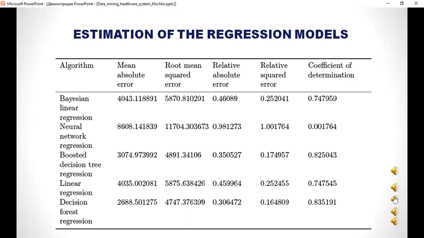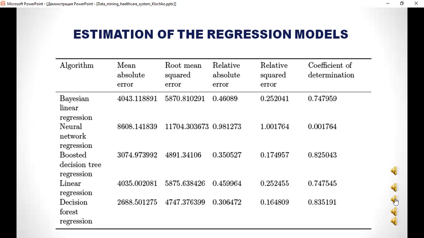As previously estimated, the values of linear regression, 5875.64, and Bayesian linear regression, 5870.81, are higher than the experimental RMSE values of the decision forest regression and boosted decision tree regression algorithms, and are approximately at the same level.